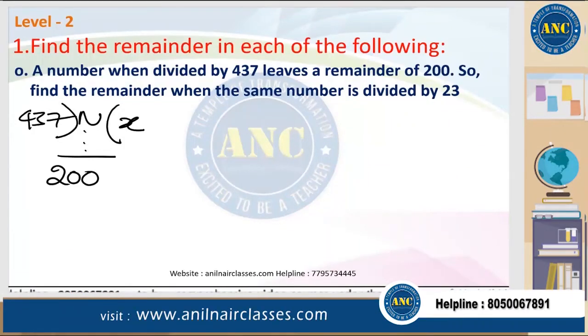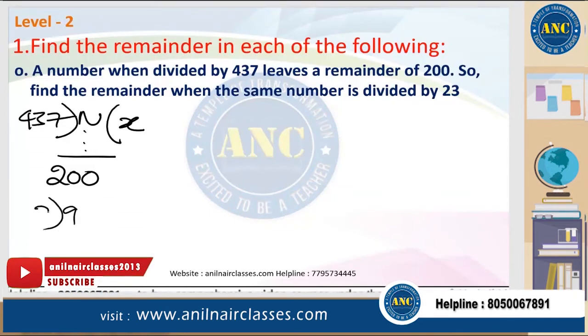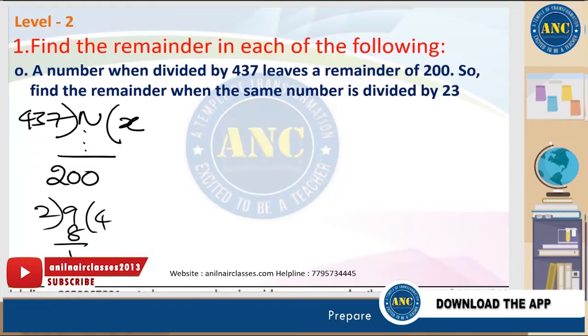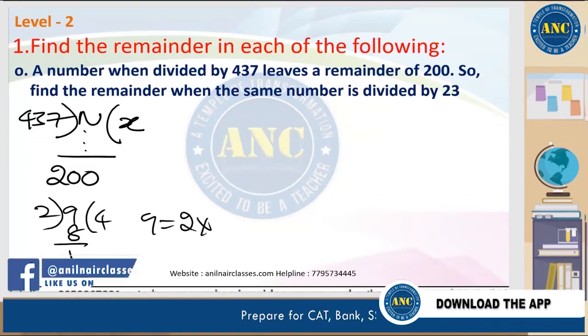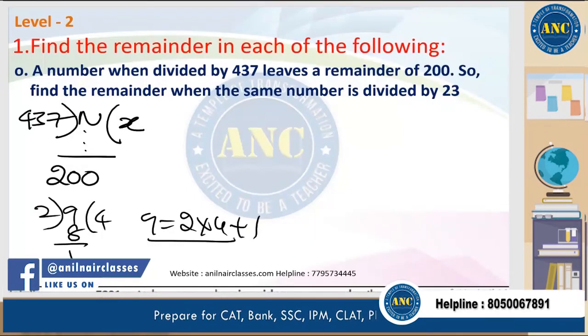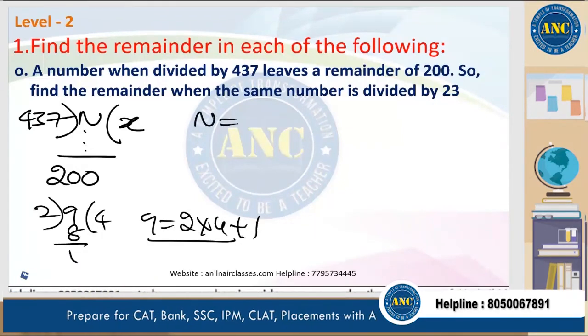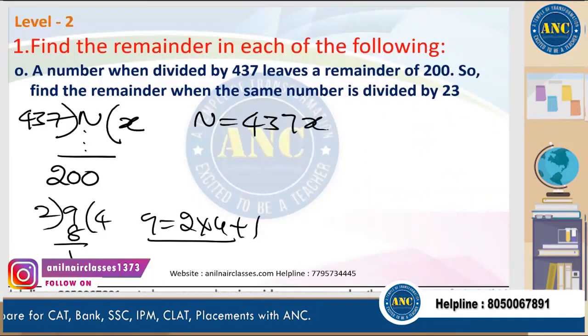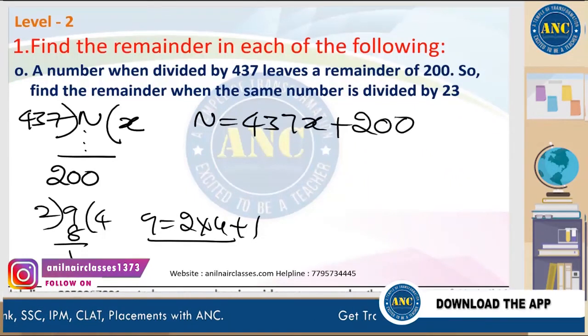A number when divided by 437 leaves a remainder of 200. So 9 when divided by 2 leaves remainder 1: 4 twos are 8, remainder 1, so 9 is 2 into 4 plus 1. Similarly, n is 437 into x plus 200.